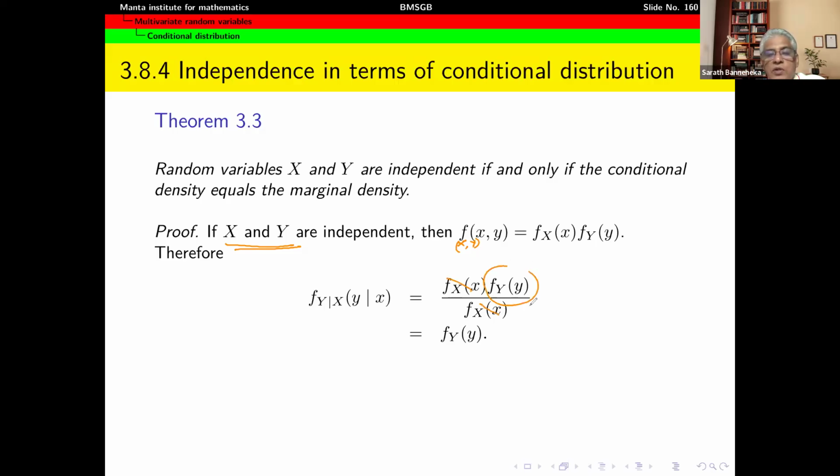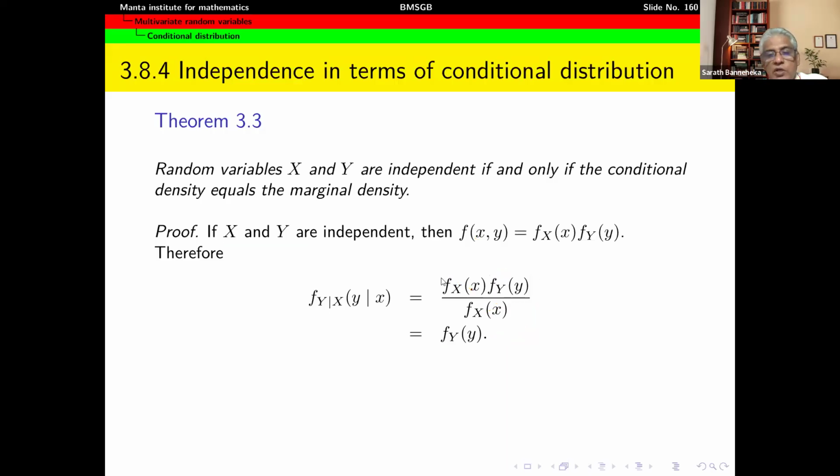Therefore, we have that the conditional distribution of Y given X is equal to the marginal distribution of Y if X and Y are independent. We can show it the other way around also very easily, right? So this is an if and only if condition.